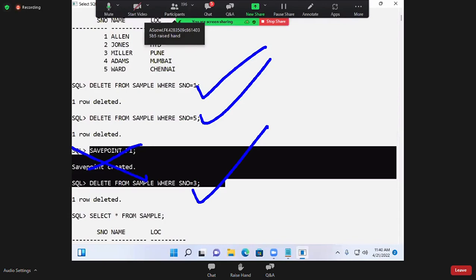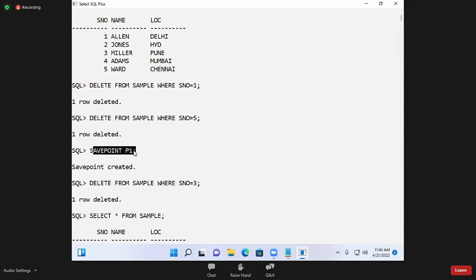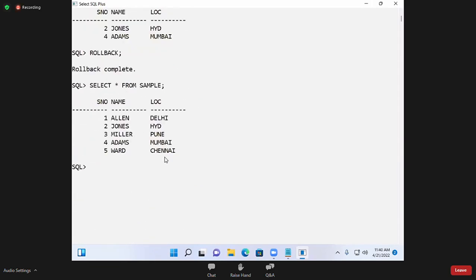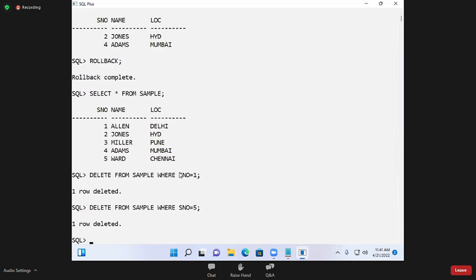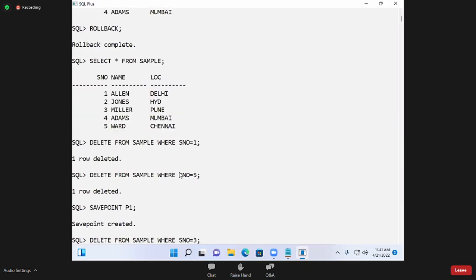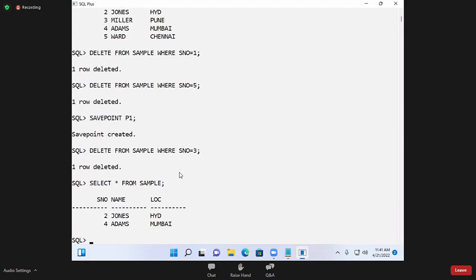So that's why, the save point's intention is what? Only a few specific rows we can get back, out of so many rows. Then you can use the save point. Now, for example, suppose I again deleted 1, 5 also deleted, save point is created, 3 also deleted. Finally, my table has 2 rows.